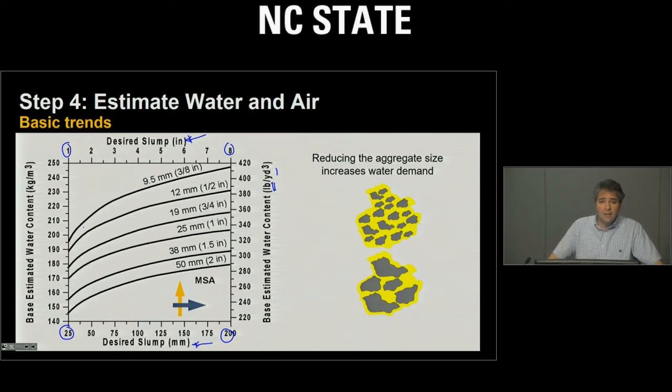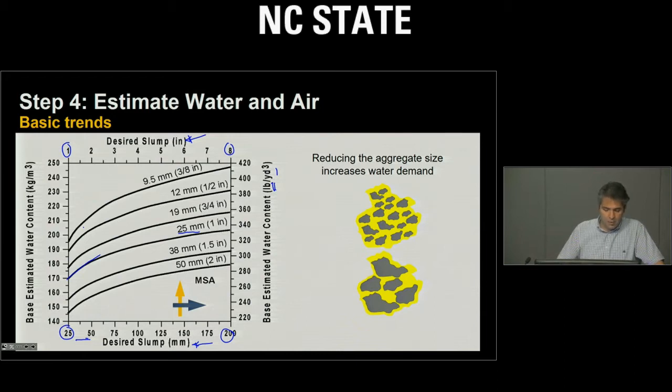Now, the first trend that we observe over here, for a given aggregate size, for example, I'm going to go ahead and choose the 25 millimeter aggregate size over here, we see that to have a higher slump, we have to use more water. So if we want 1 inch slump, we use 170 kilogram per cubic meter of water.